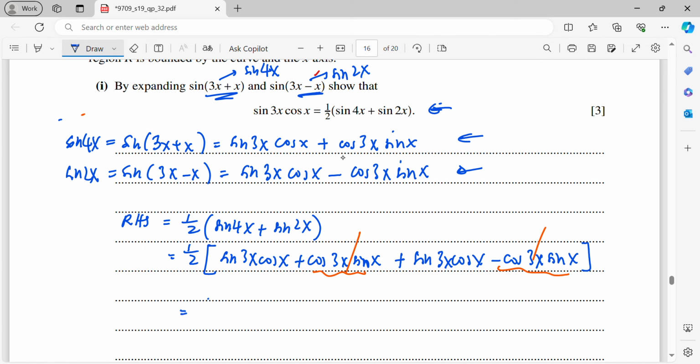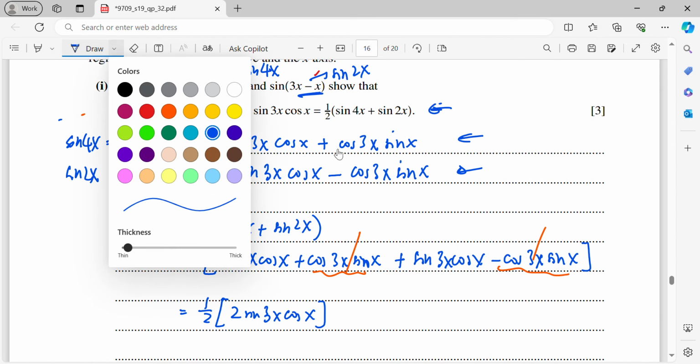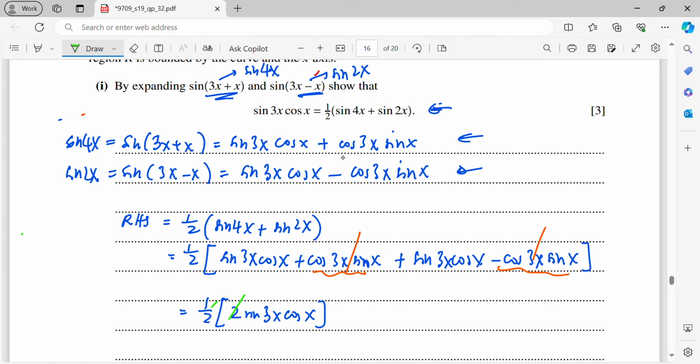So that means this is going to be half of sine 3x cos x plus sine 3x cos x, it will be 2 of sine 3x cos x. So the 2 and half will be cancelled off. Therefore, I'm getting sine 3x cos x. Okay, so we have proven the identity.